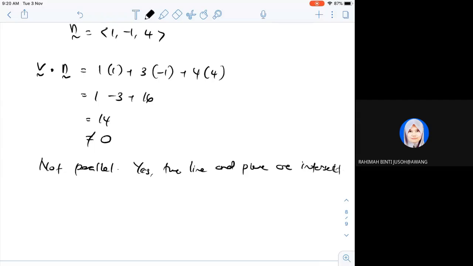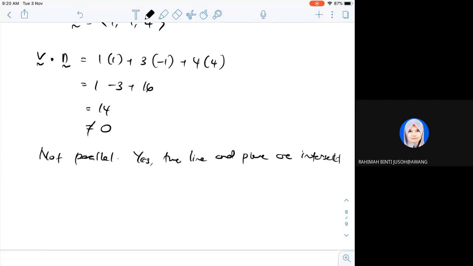Okay, dah. So bila kita dah show dia intersect, kita kena cari the point of intersection. Okay, how do we find the point of intersection? Okay, sekejap saya ambil balik ni.